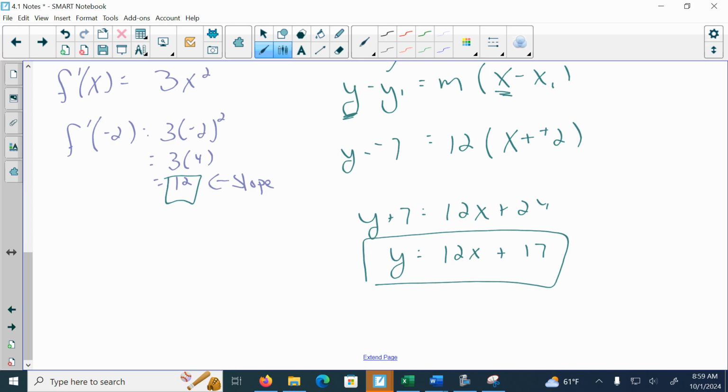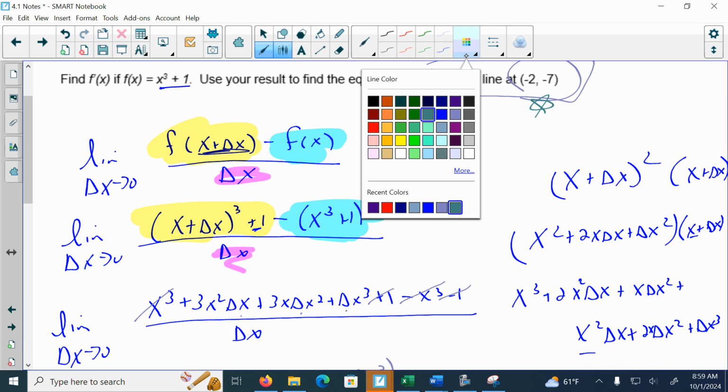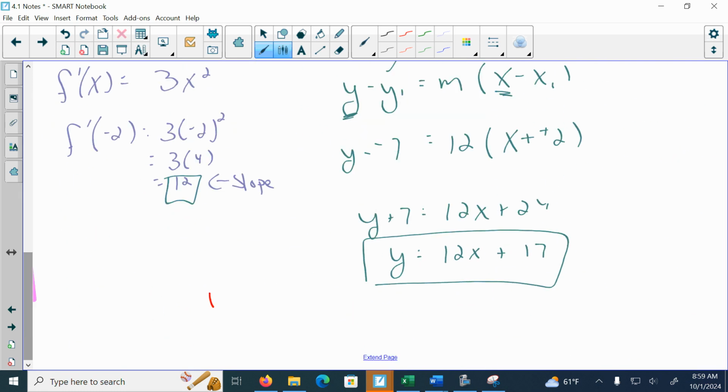Now, if you're not a point slope person, then you have to be a y-intercept person. It's one or the other. You've got to do something. So if you're a y-intercept person, your y is equal to mx plus b, and then you're going to use that point, which was -2, -7. So -7 is equal to 12, that's my slope, times -2 plus b.